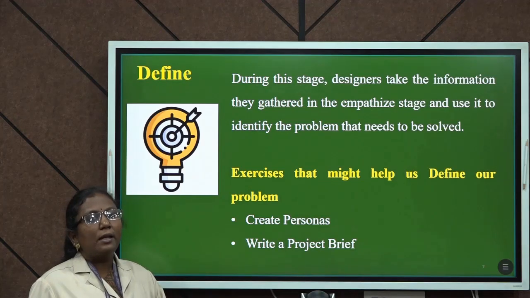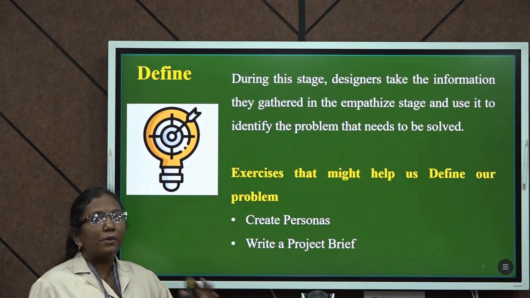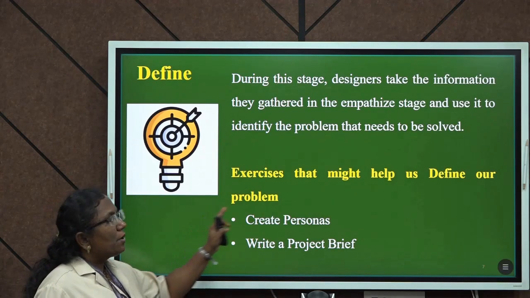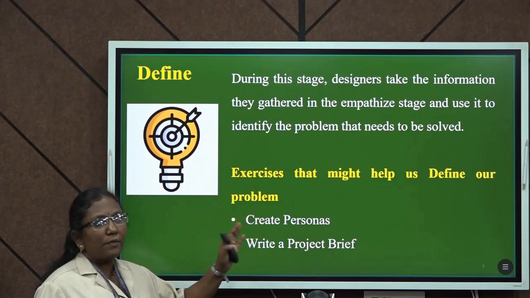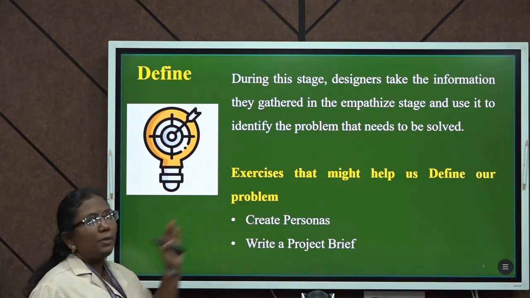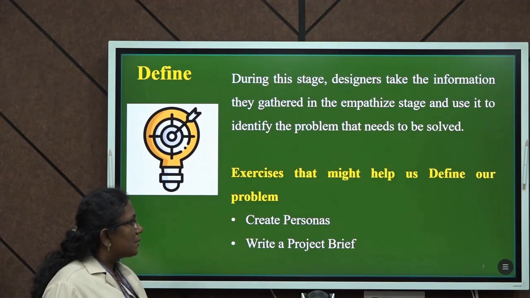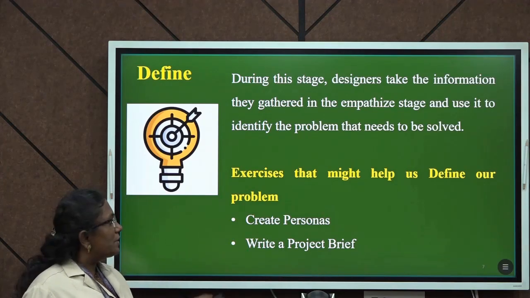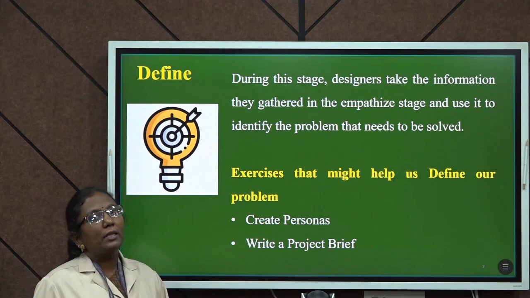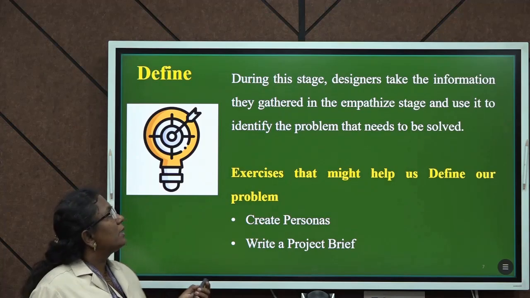So they can clearly define what is the real problem at this stage. There are various exercises or techniques used to help define the problems, that is creating personas as well as writing up project briefs. These two techniques are mainly helpful to define the problem statement clearly.